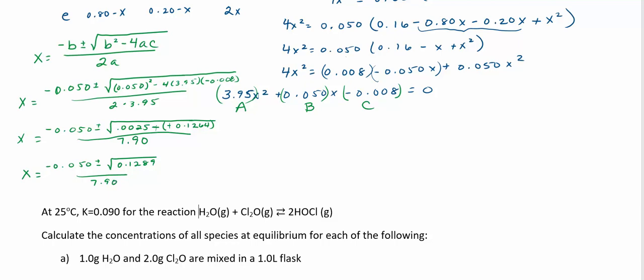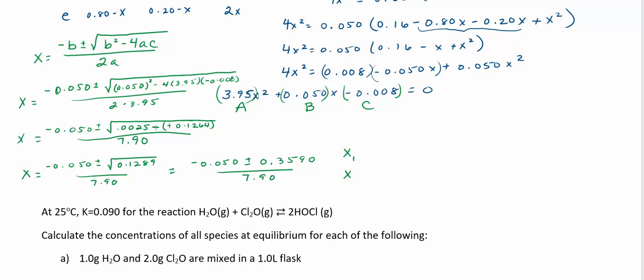So I'm going to do the adding first. So I'm going to take a negative 0.05 and, well, I guess I should do the square root. So the square root of 0.1289, I get 0.3590 all over 7.9.